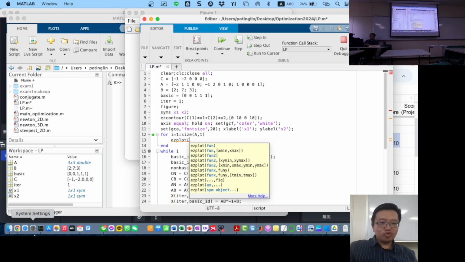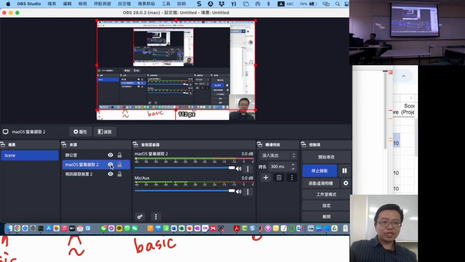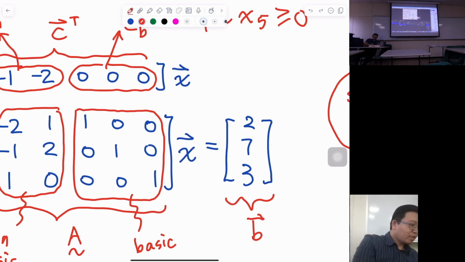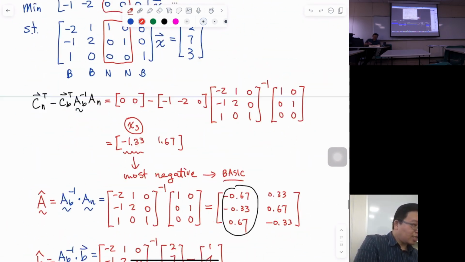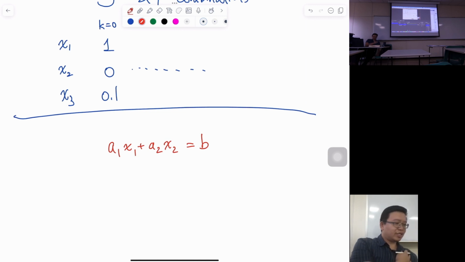Because it's a function like A1x plus A2x equals to B, something like this.